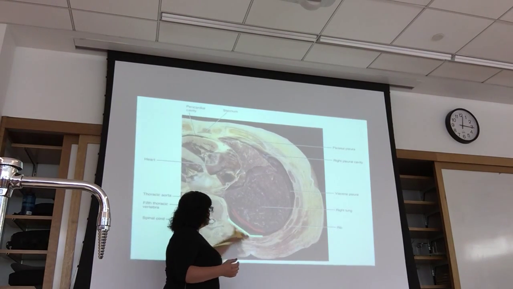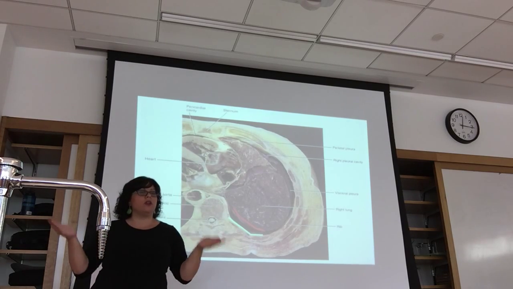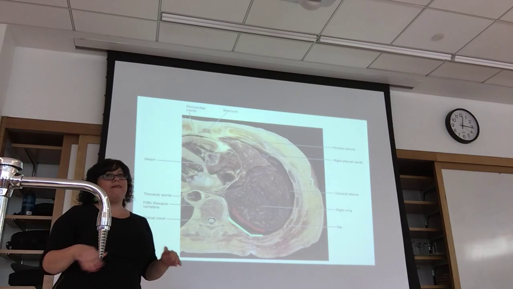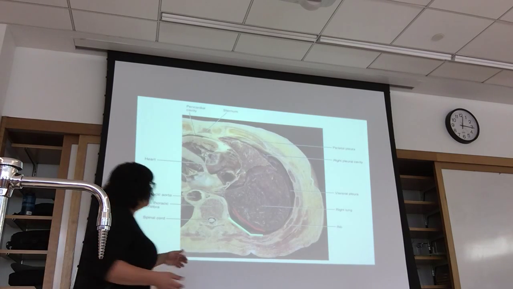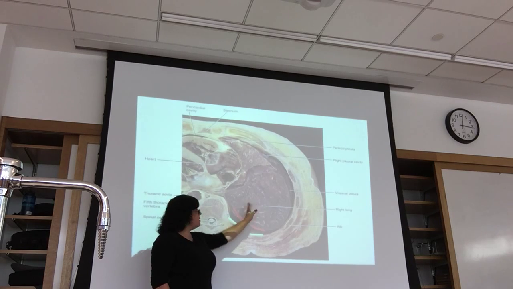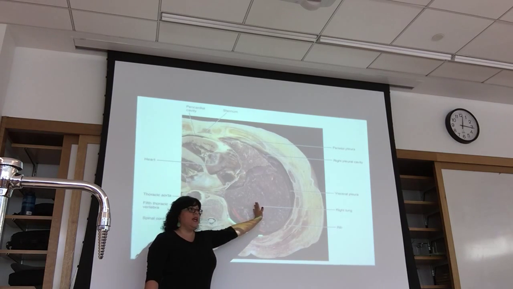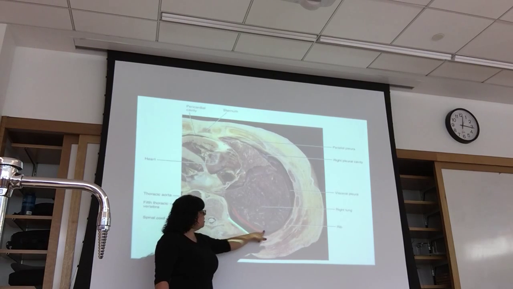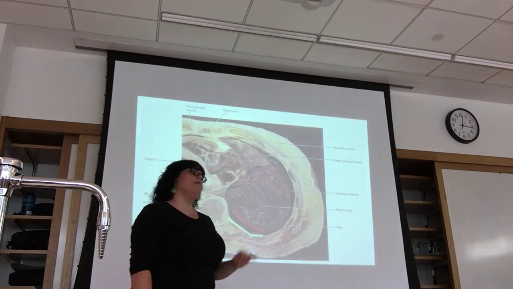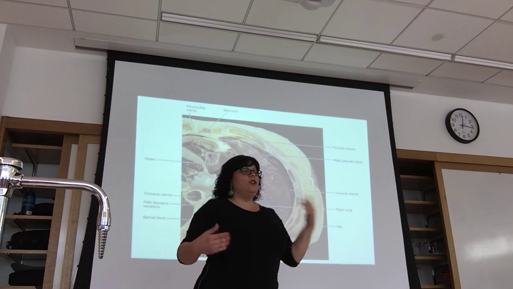This green one is wrapping around or close to the cavity, the thoracic body cavity itself. The red one, since it's closest to the organ and basically touching the organ, we call this layer the visceral layer. Anytime you hear the term visceral, we're looking at an organ.